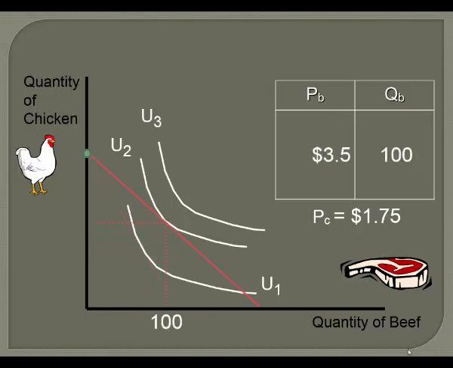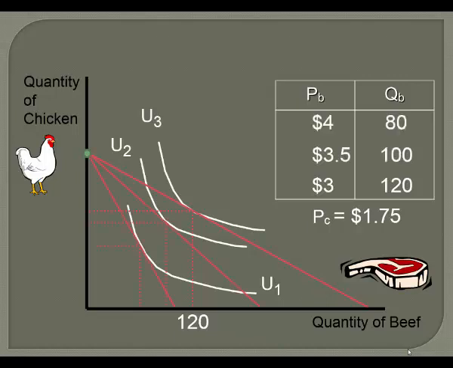So when the price of beef drops down to $3.50, consumers are going to consume more beef, and that makes our budget constraint swing out, and that allows us to get to a higher indifference curve, U2. Then we're going to lower the price of beef some more to say $3, for example, and that's going to cause our budget constraint to swing out, and that's going to allow us to get up to indifference curve U3, and we're going to consume 120 pounds of beef when the average retail price for beef is $3.